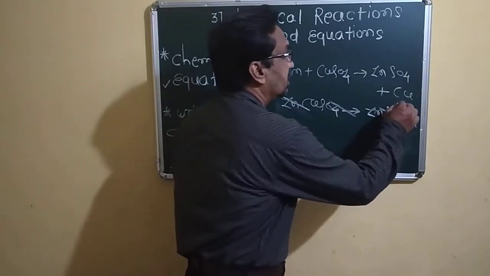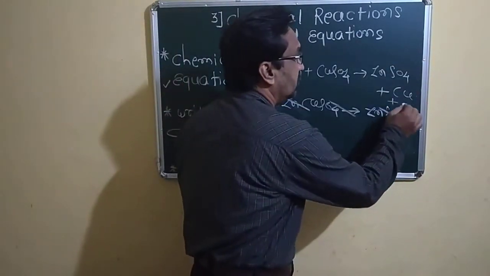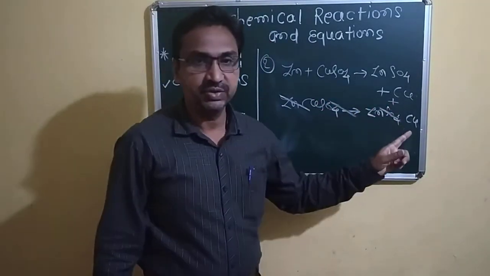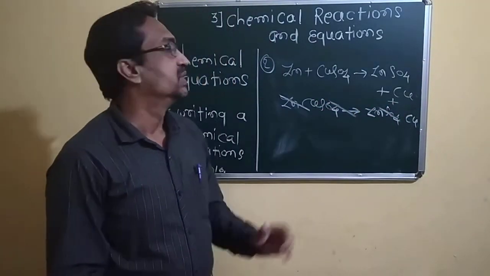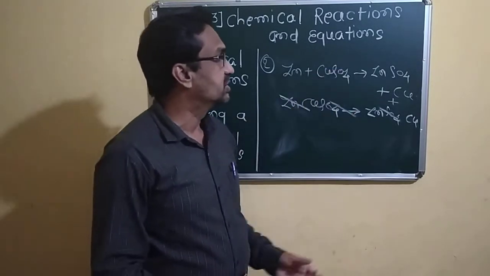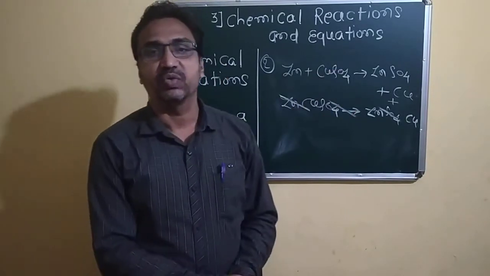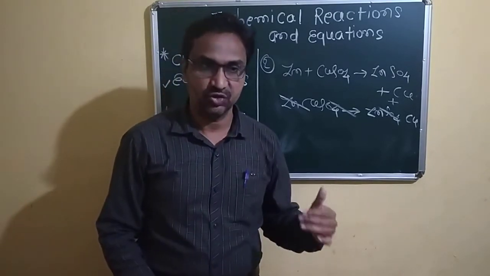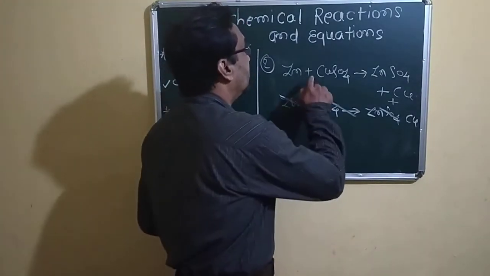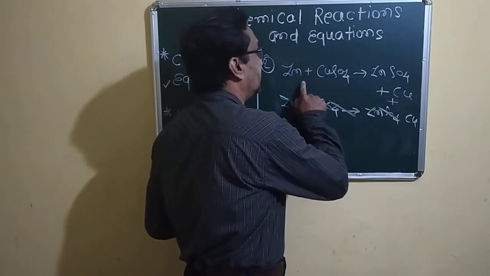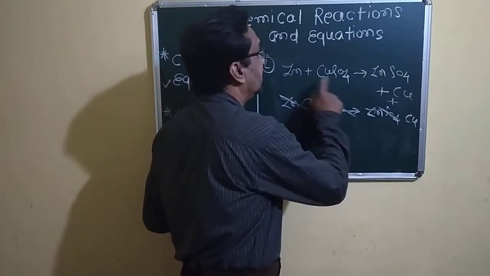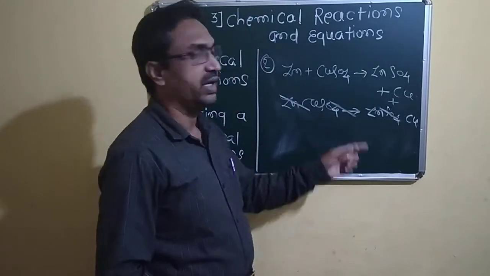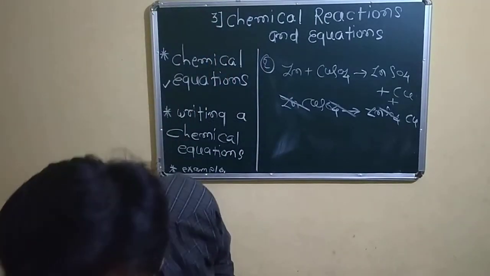If another product is obtained, we can link it with a plus sign. So the reactants and products which we have utilized or obtained can be linked by using a plus sign. We have to use a plus sign in every step. Without a plus sign we cannot understand it, so you have to utilize the plus sign.